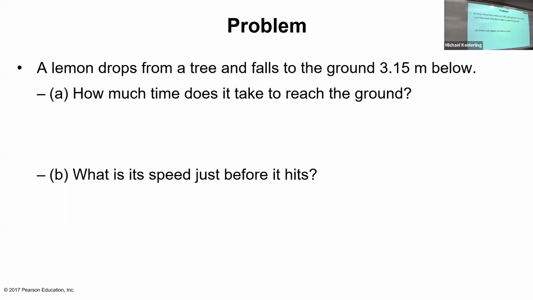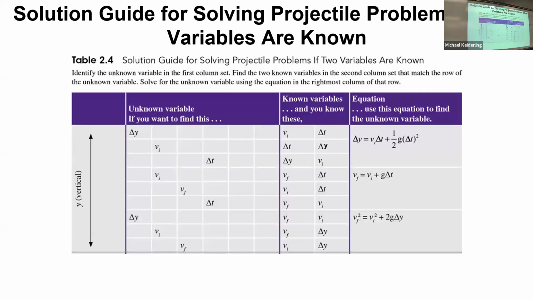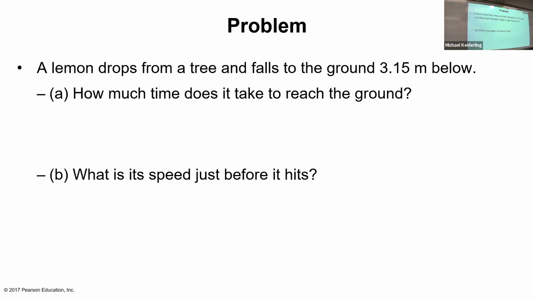So here, if we have a lemon that drops from a tree and it falls to the ground. The important thing that is always the case, we have g is 9.81 meters per second squared, and it is down. You know, that acceleration points down. So often you end up using a negative g as your acceleration.